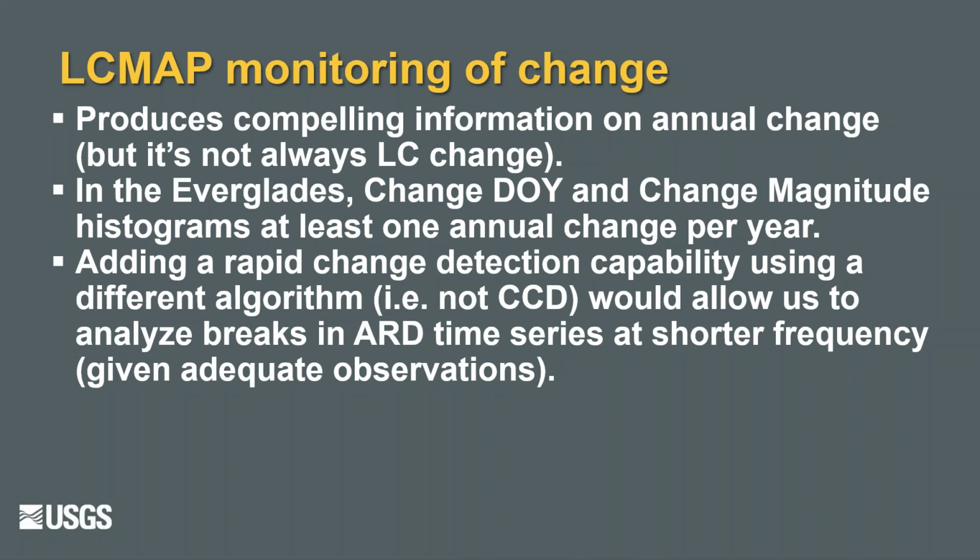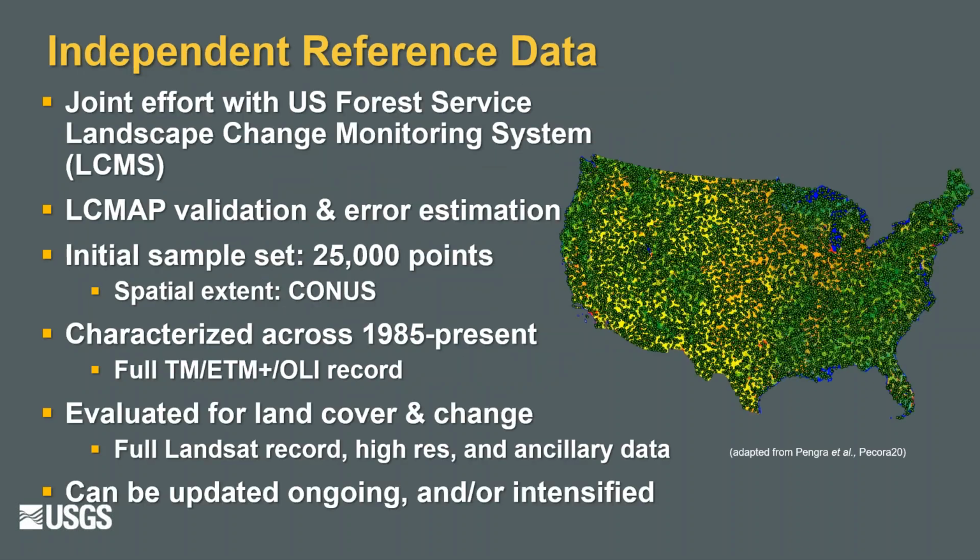We're working towards this rapid change detection capability. It will still need some time after an event to truly detect a change and not be hampered by detecting false change. But CCDC, a different algorithm, might allow us to analyze breaks in the ARD time series.